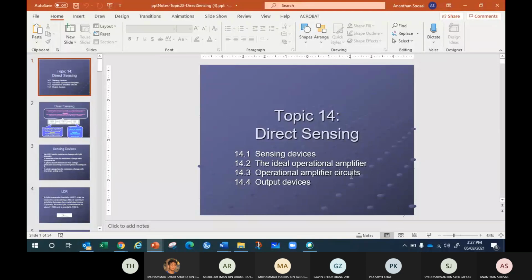In your early studies, did you learn about amplifiers? At what level did you learn about amplifiers? You learned about the small component of an amplifier, right? The transistor. Yeah, you learned about the transistor. But we're going to talk about the big brother of the transistor, called the operational amplifier.